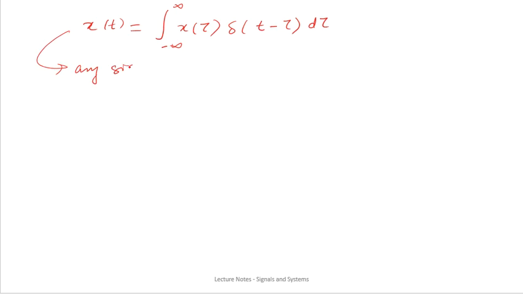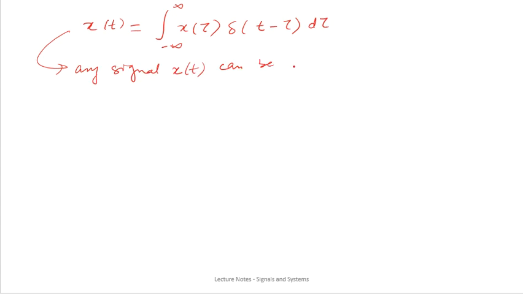If you recall, the shifting property, which we discussed in the first unit, was something like this: the integral from minus infinity to infinity of x(tau) delta(t minus tau) d tau. It shows that any signal x(t) can be expressed in terms of weighted impulses.